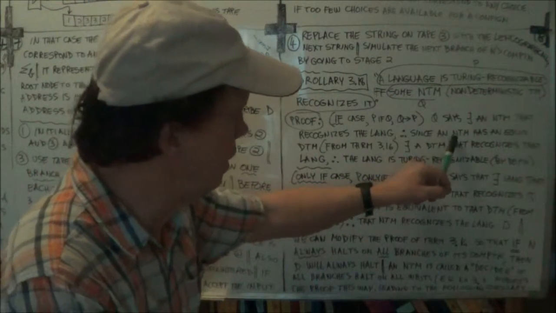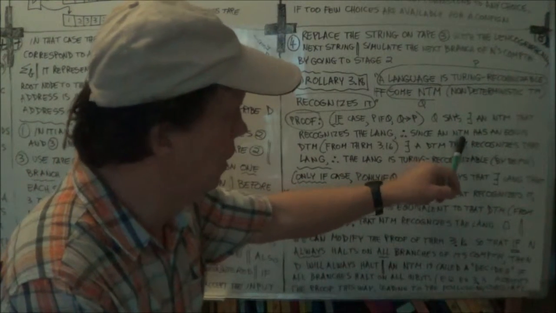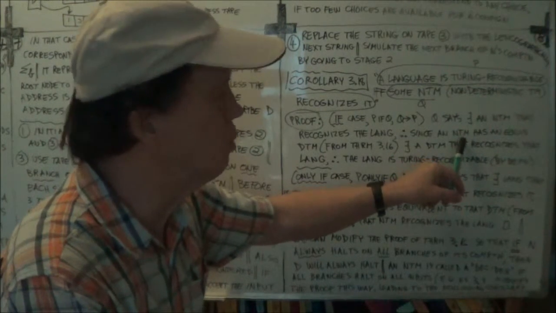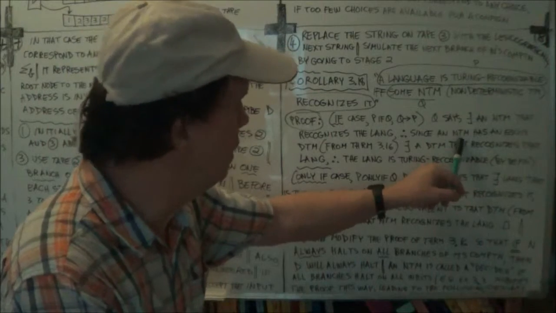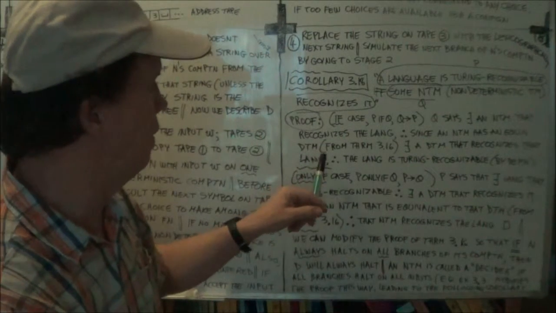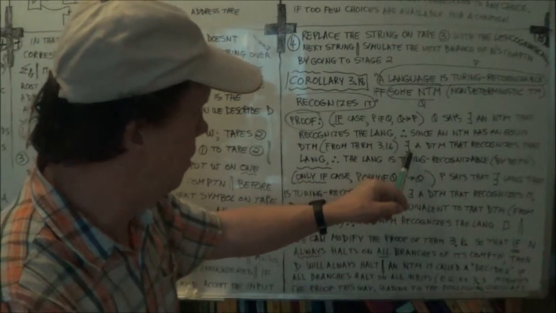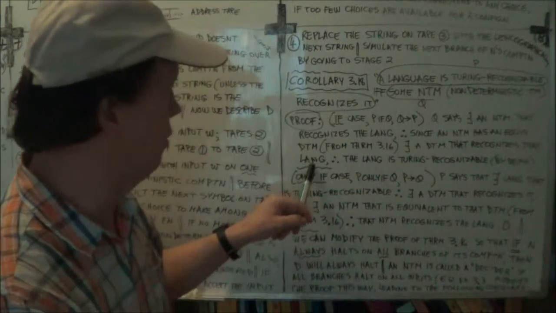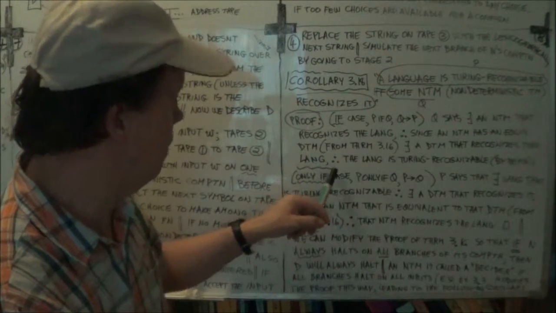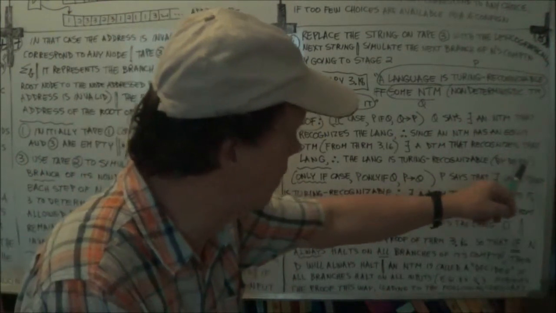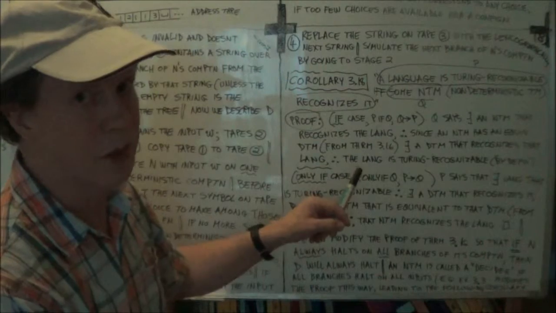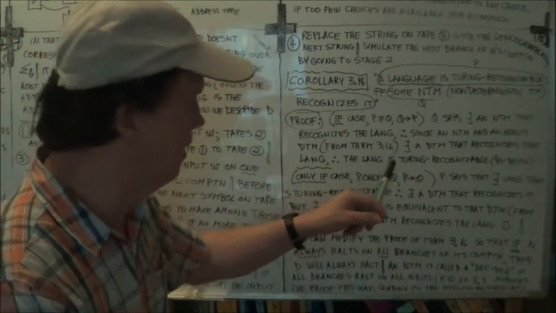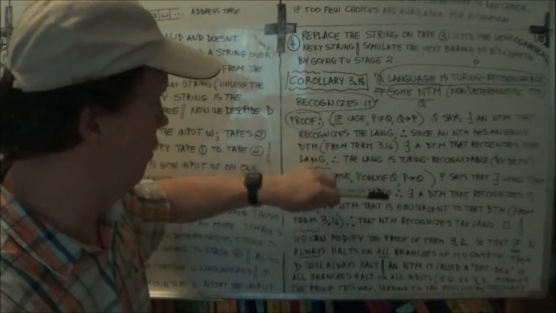It says that for any non-deterministic Turing machine, you can construct an equivalent DTM, a deterministic Turing machine, that does the same job. So there is a deterministic machine that recognizes that language. Therefore the language is Turing recognizable by definition, because Turing recognizable means there's a deterministic Turing machine that recognizes it. So that's the if part done.